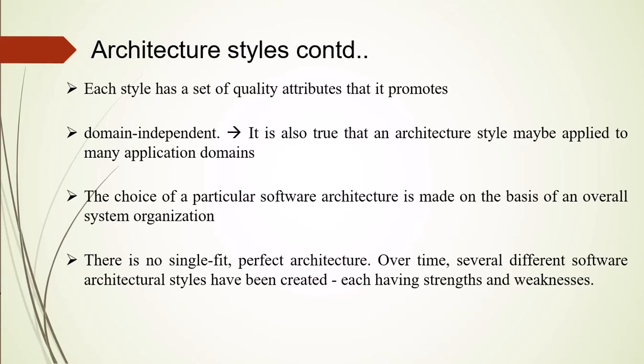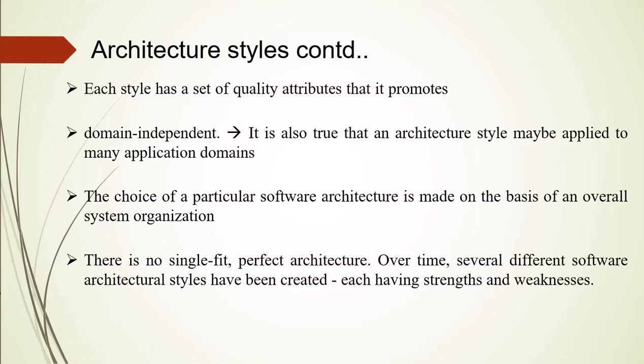The choice of a particular software architecture is made on the basis of the overall system organization: how different modules work, how the user interacts, how the data is passed to the server, and the domain.